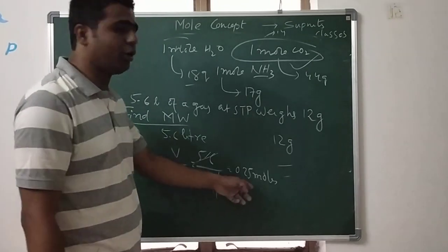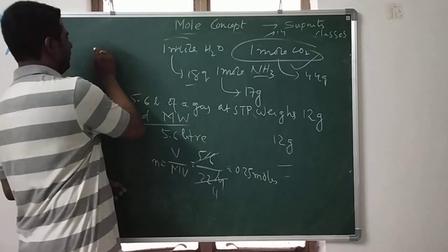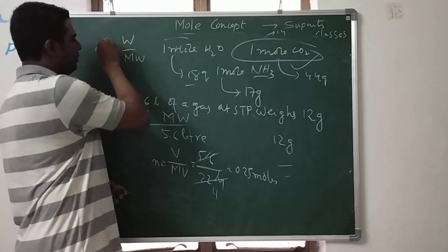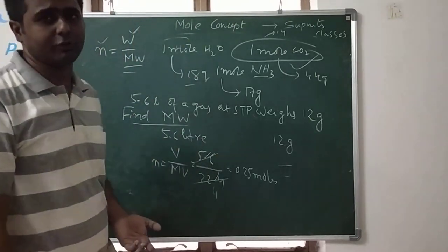Okay? So now you know moles and you know the weight. You have to calculate molecular weight. Let's see if you can calculate or not. You know moles is equal to weight by molecular weight. You know the mole. You know the weight. Obviously you can calculate molecular weight. I don't have to calculate for that, right?